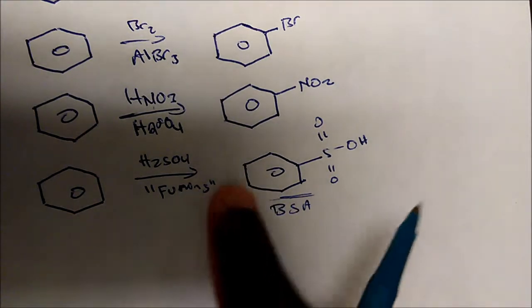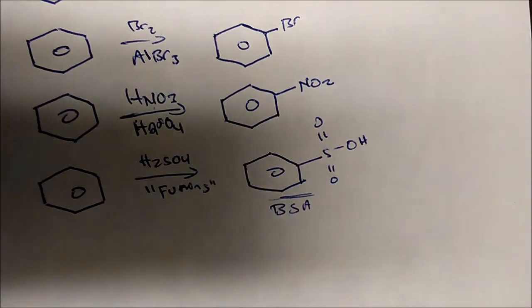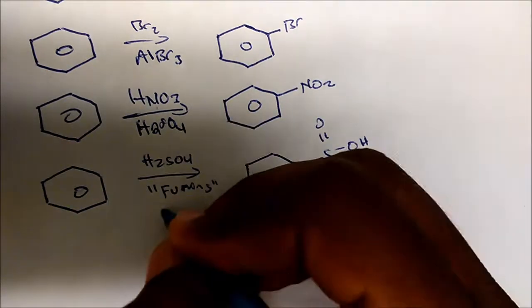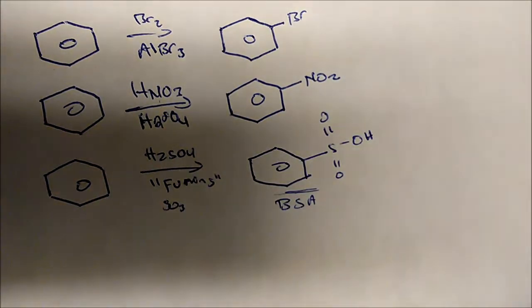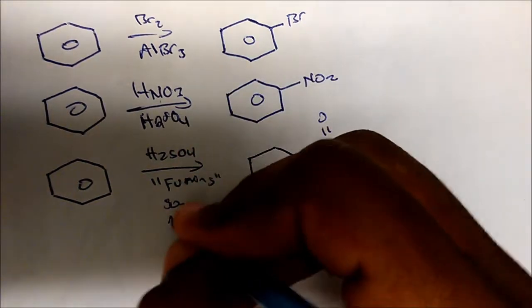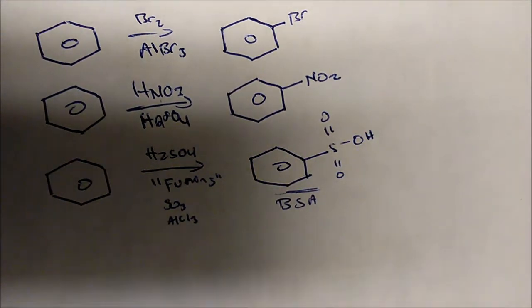So when I take fuming sulfuric acid, I will generate SO3H. Now some books also describe this as just SO3. So if you take SO3 and some sort of Lewis acid, you will get the product. If I take SO3 and aluminum trichloride, then I'll just add SO3 to the ring. But either or is fine.